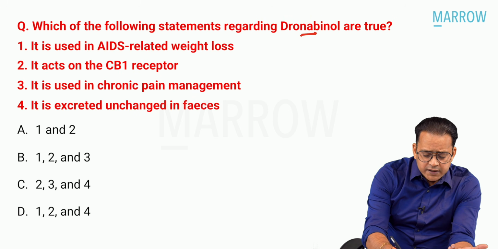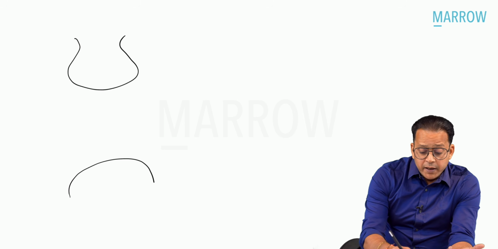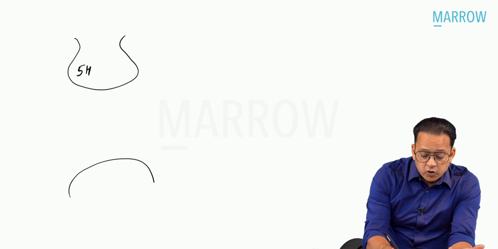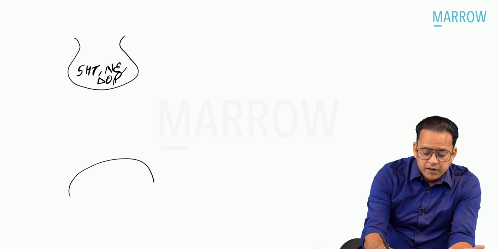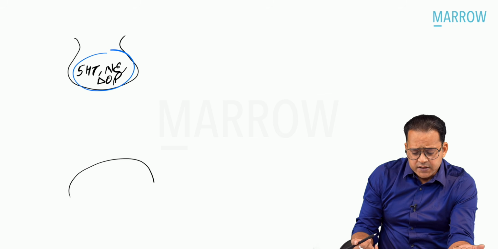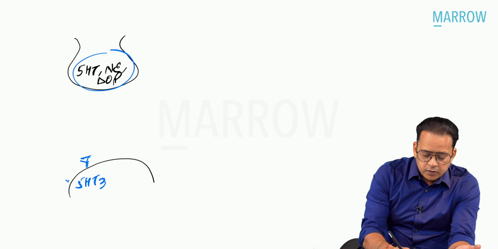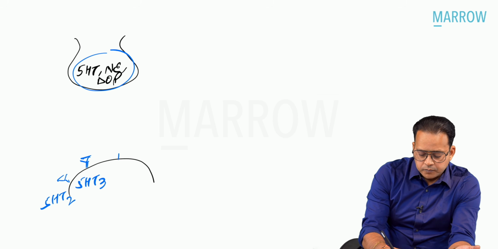So let me draw a synapse, where we have monoamines like serotonin, norepinephrine, dopamine. These are present in different vesicles. I'm drawing one vesicle so that I can make you understand. And here, let me draw some receptors like the 5-HT3 receptor, 5-HT2 receptor, D2 receptor, alpha-1 receptor.